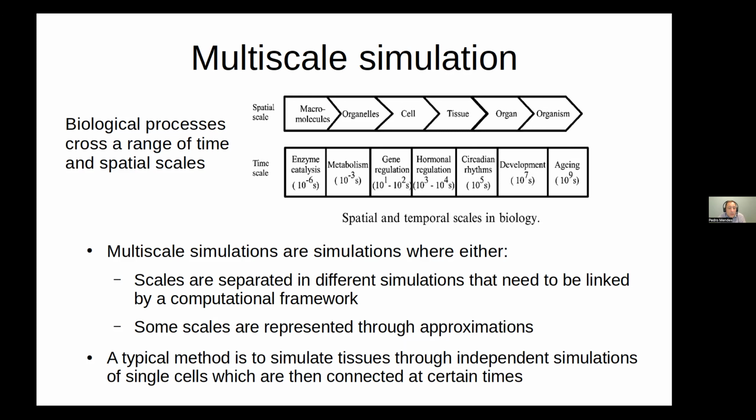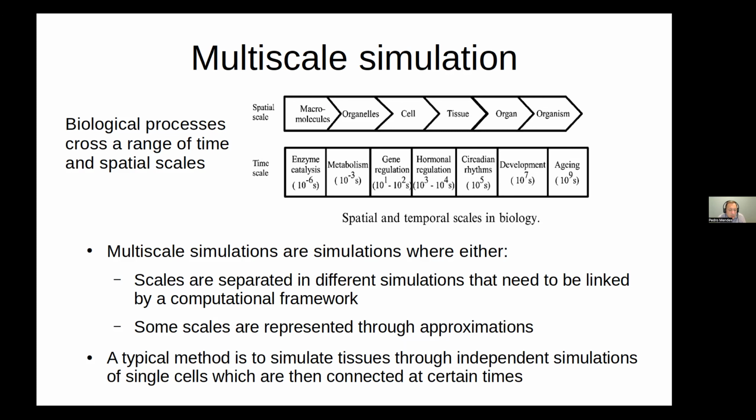There is, however, another approach quite used in physics, but it could also be used in biology, the so-called mean field approach, where some of the scales are represented through approximations, and therefore, in the end, you can combine them that way.